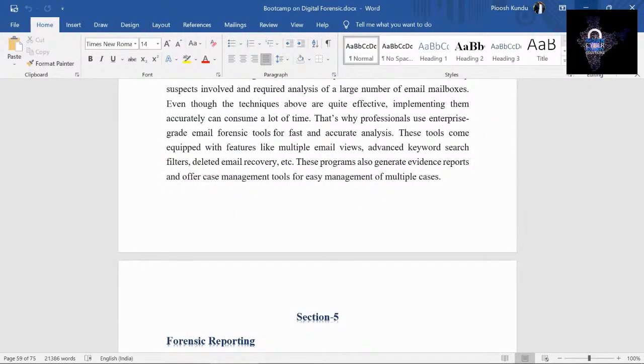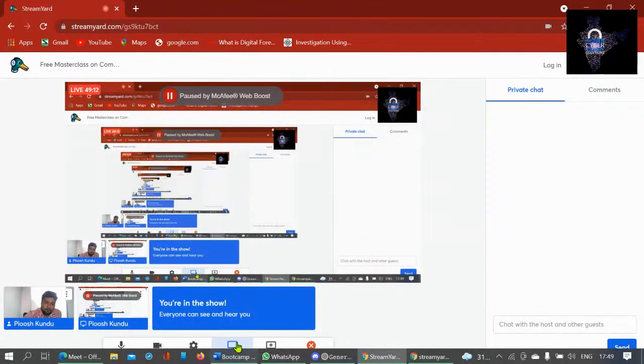If you want to know where you can get a job in the government field, you can do the digital forensic course CHFI, which is EC-Council recommended.